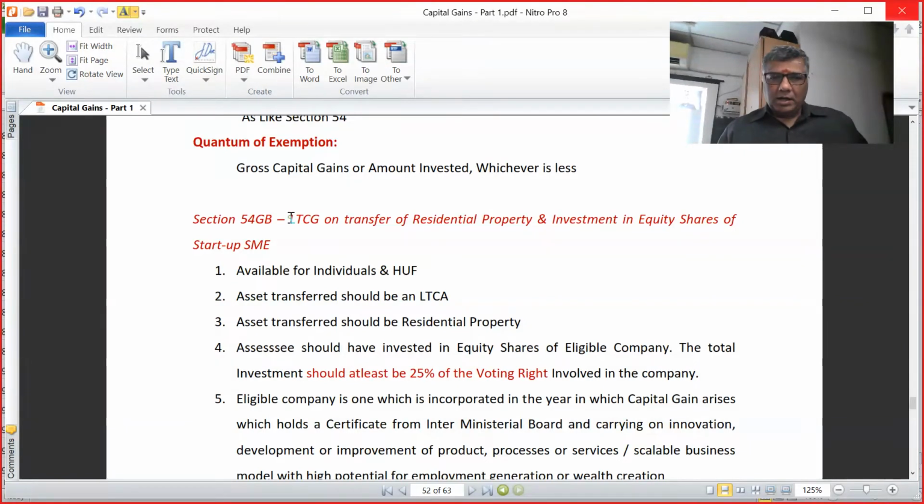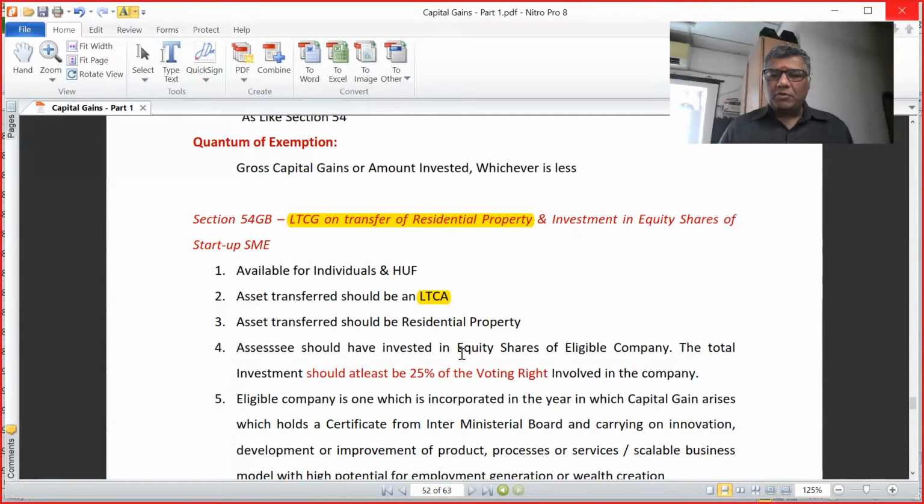LTCG on transfer of residential property and investment in equity shares of small and medium enterprises. You should sell your residential house property, as an individual or HUF. The asset transferred should be a long-term capital asset and a residential property.